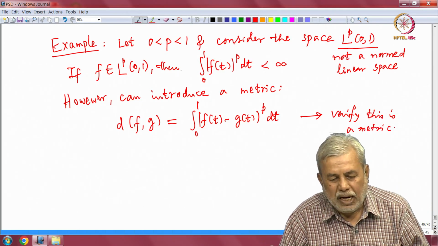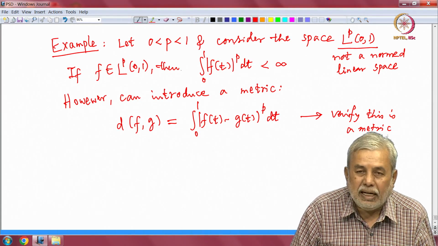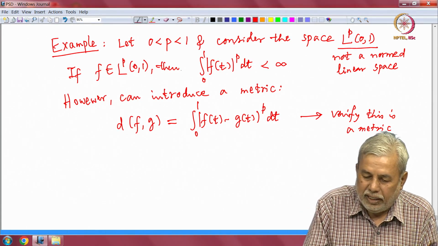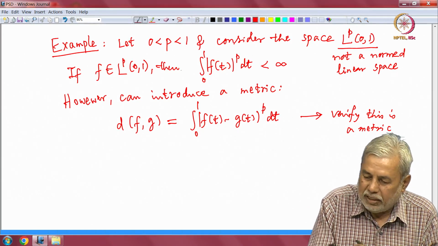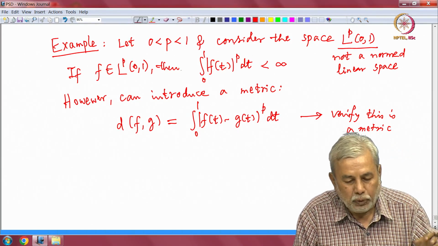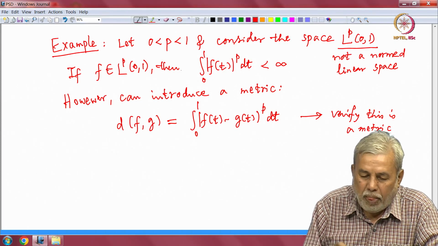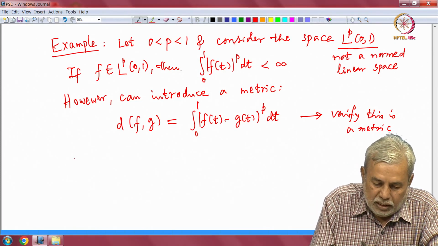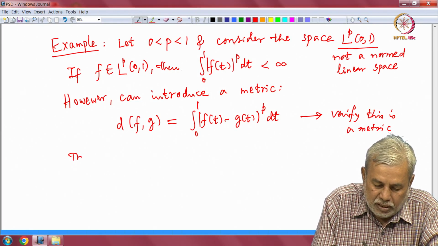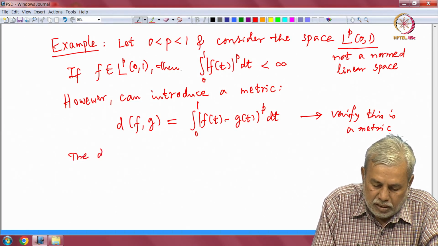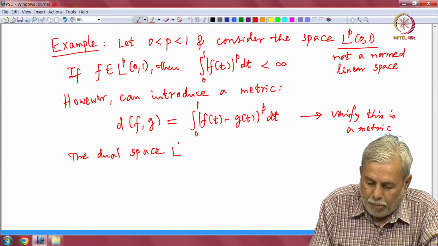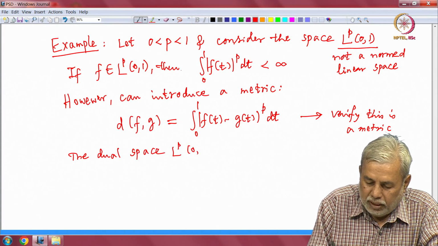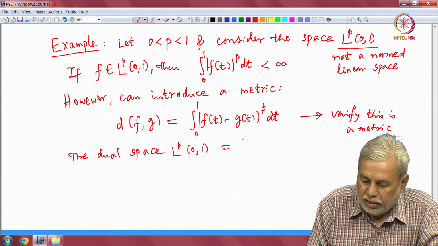So, LP becomes a metric linear space, and it can be shown. It's not very hard, but I'll just refer to Rudin's book for example. So the dual space of LP 0 1 is just 0.